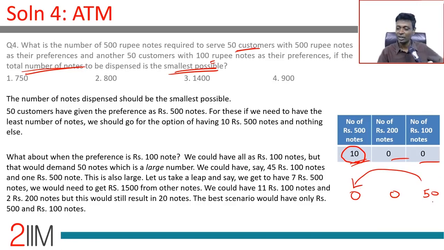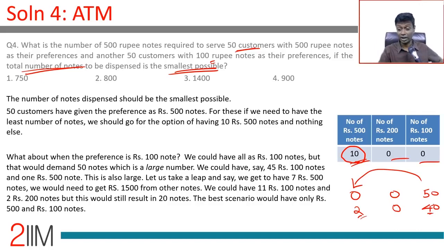So let's say we replace 10 of them. So we can have 2 500 rupee notes, 0 200 rupee notes, and 40 100 rupee notes. 1,000 plus 4,000 is 5,000. This is a possibility. The number of notes is lesser. But we still have 42 notes. This is only 2. This is 40.